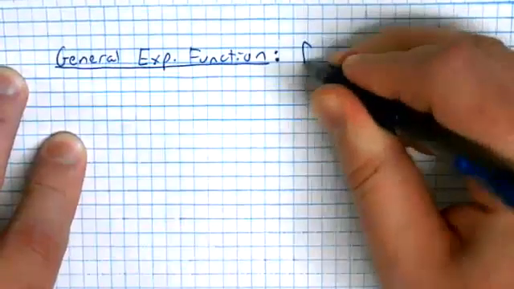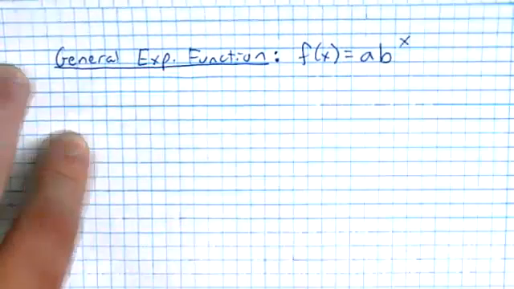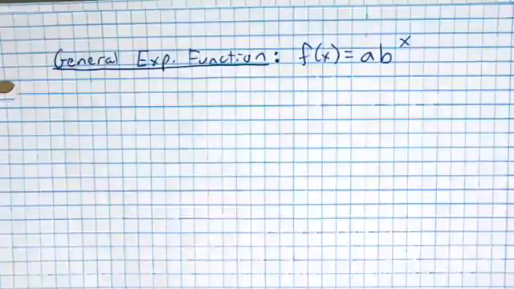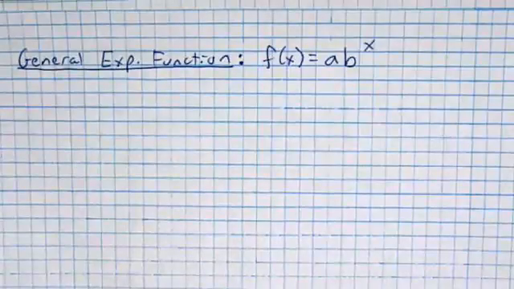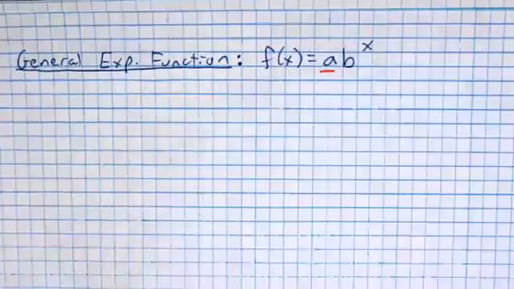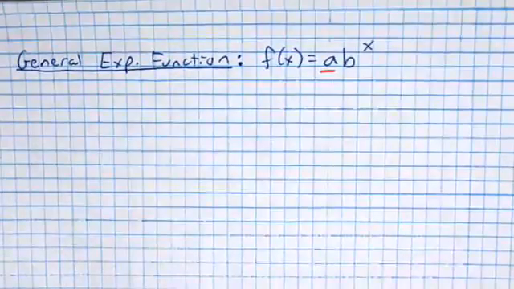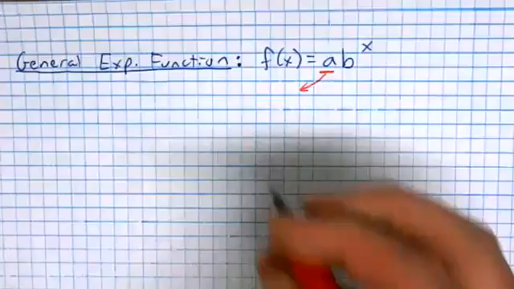We're going to do the same thing, but we'll throw a coefficient in front of it. This a value here, it's a coefficient. I'm going to refer to it a lot of times as the initial value.